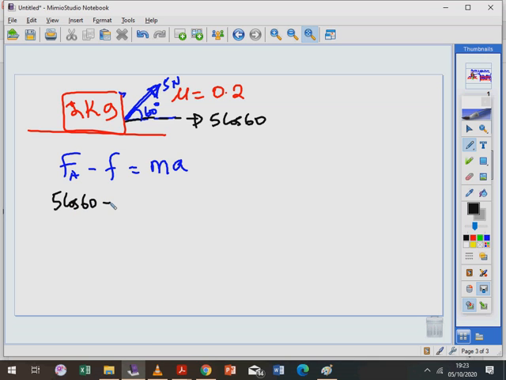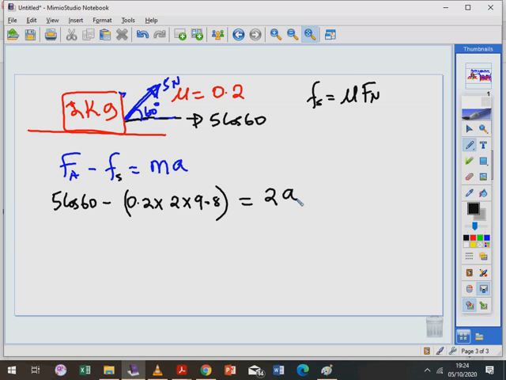The friction force, static friction force, is, remember, static friction is mu Fn. The coefficient of friction is 0.2, and the normal force is equal to mass times gravity, which is 2 times 9.8, equals the mass, which is 2, times acceleration. So if he's able to move it, we'll have an acceleration.